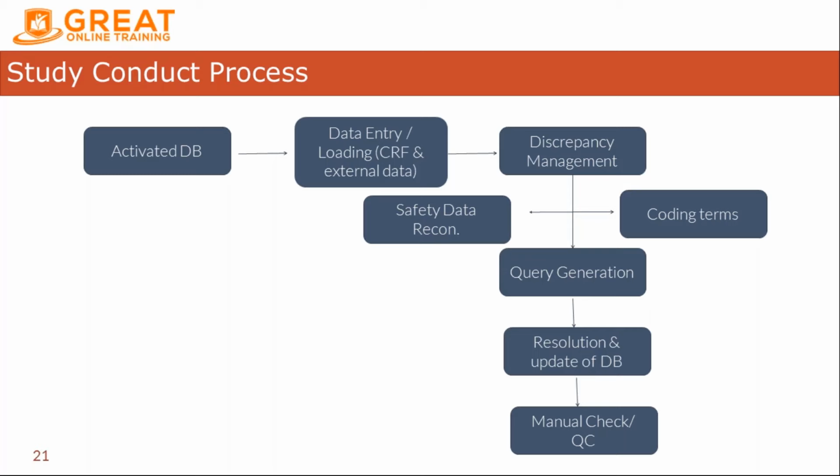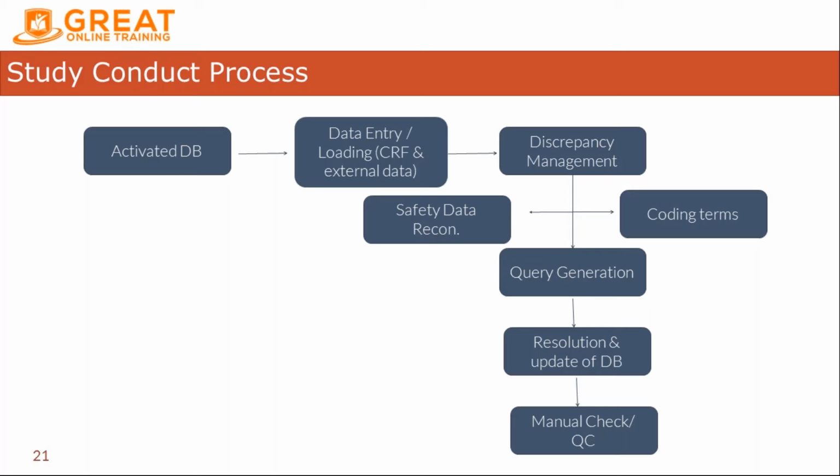These procedures run in the back end of the database and generate the queries. In case of manual check or QC, the data manager has to do the manual review, because only for particular data are we going to implement the edit checks. For the rest of the data, we need to do the manual review.